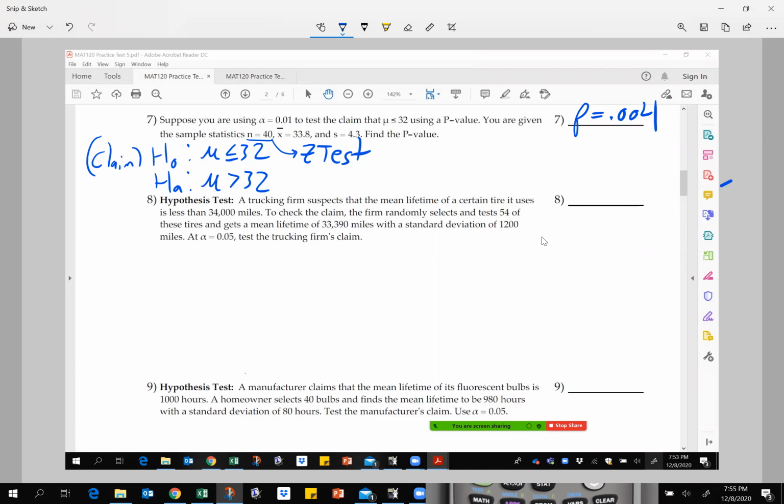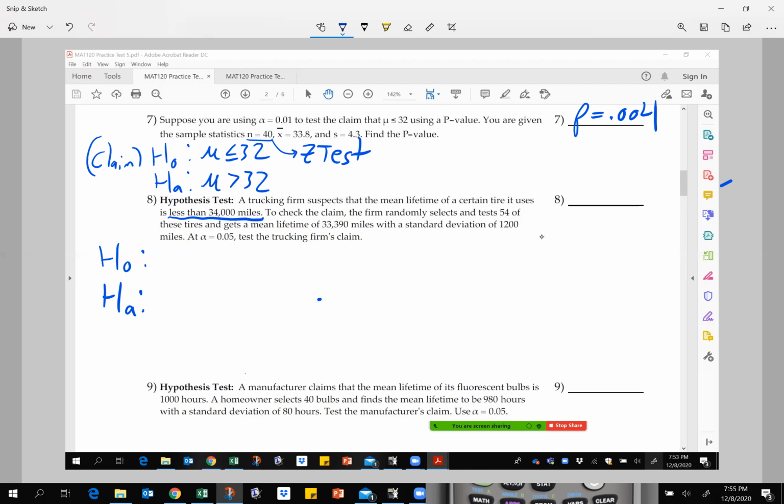We're now going to take a look at example 8, where we're actually going to go through the entire hypothesis test. So we read through the problem and it says, a trucking company firm suspects that the average life of its tires is less than 34,000 miles.